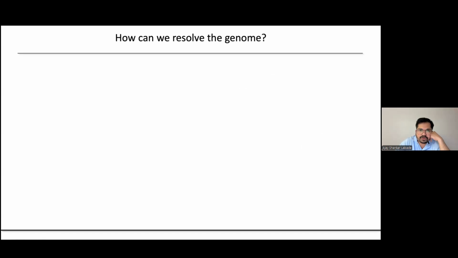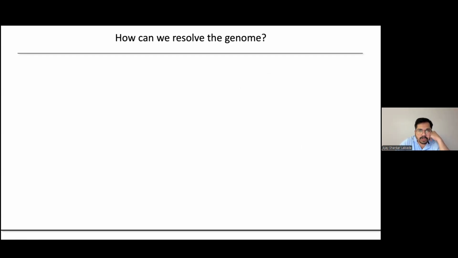I'm going to now start with the first problem. That is, how can we resolve the genome? Because previously, before we started this project, expansion microscopy had always been used to look at large protein structures or cells, but not DNA or a genome per se.